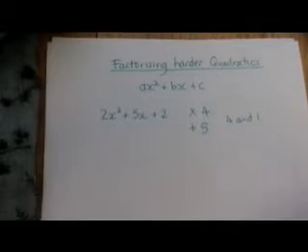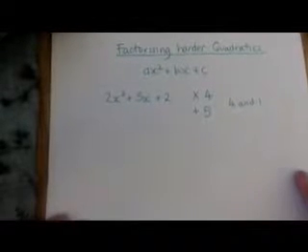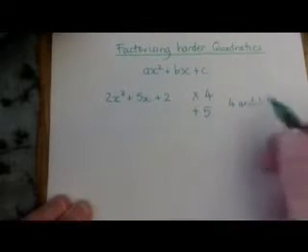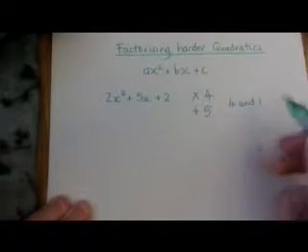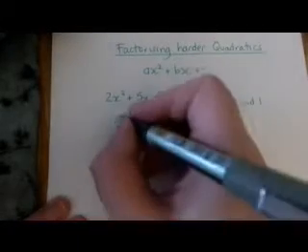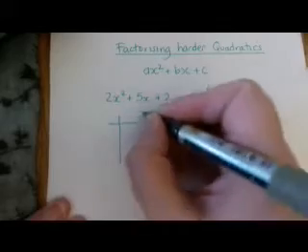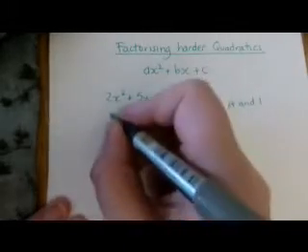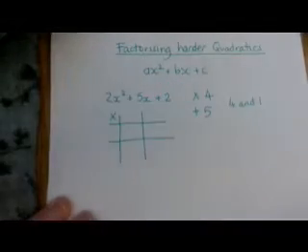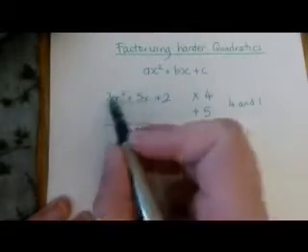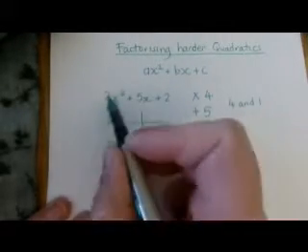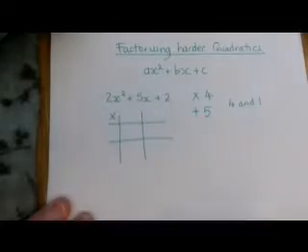Now the method of factorising is a little bit trickier than before. We can't just pop these into brackets and be done. We need to use the grid method, but we're going to use it in reverse. So our answer, really, our quadratic, is 2x squared plus 5x plus 2.